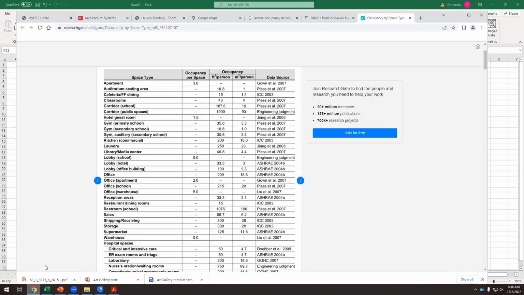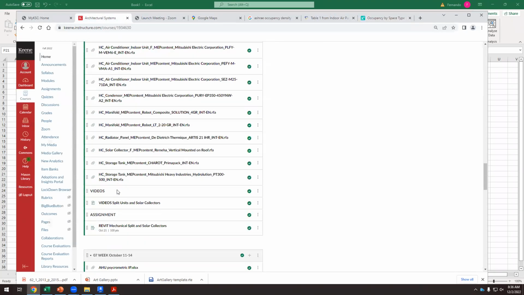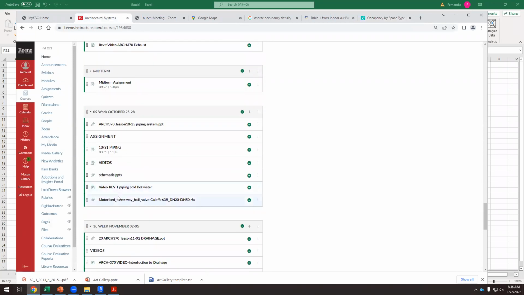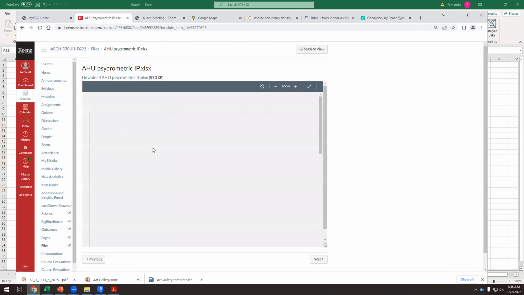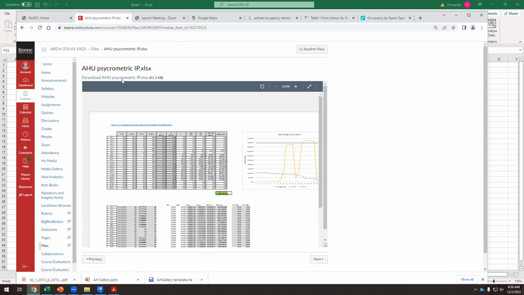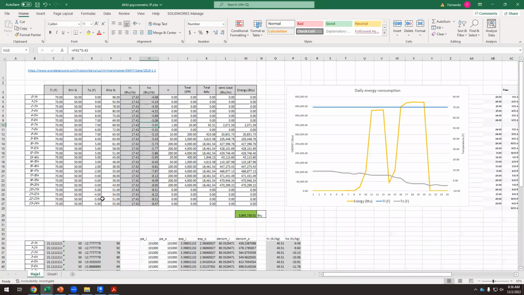Then I should open the Excel file. Where is it? Yes, this one, the Excel file that we have been using all these days. So I download it. Okay. And now what I can do directly is copy and paste the total CFM here.